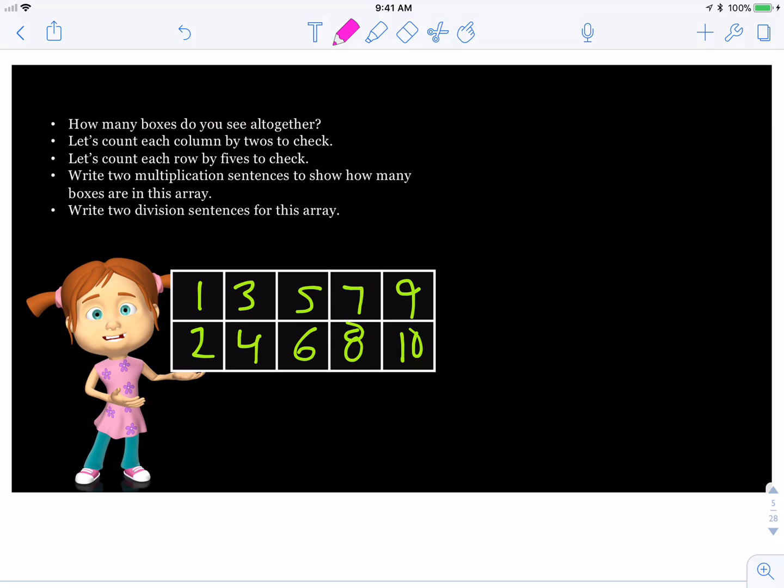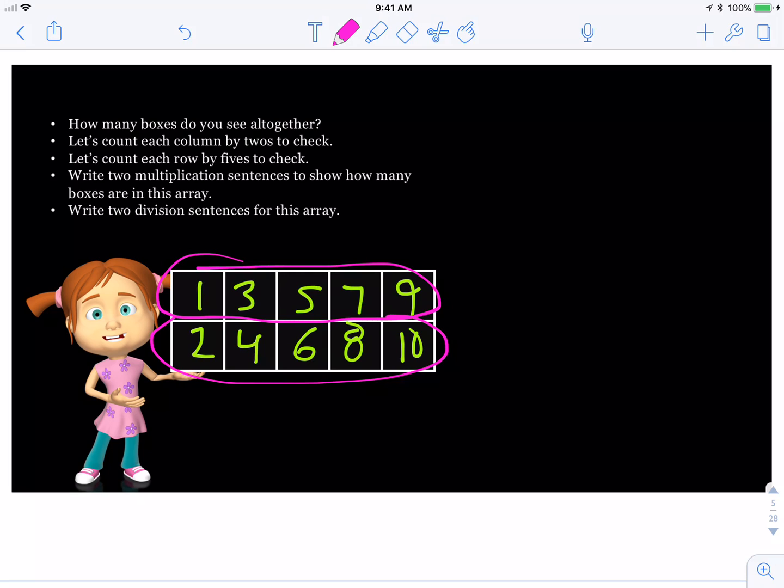Let's count by rows to check. How many are in each row? There's 5 in each row. So 5, 10. We're counting by 5s.